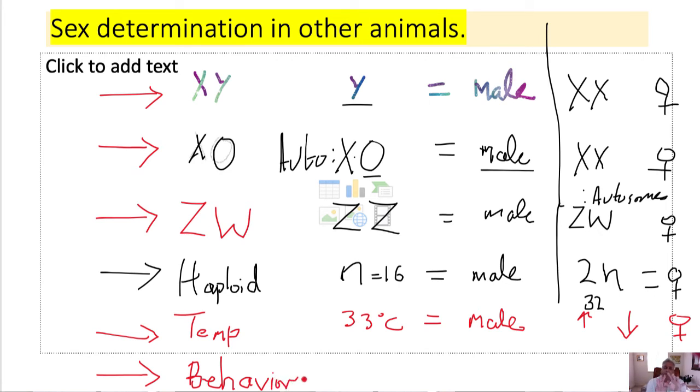So the behavior of the creature in its environment, in its colony, will decide whether it's going to be a male or female. So in this case, the adult is able to change sex simply because of its relationship with other members of the population.